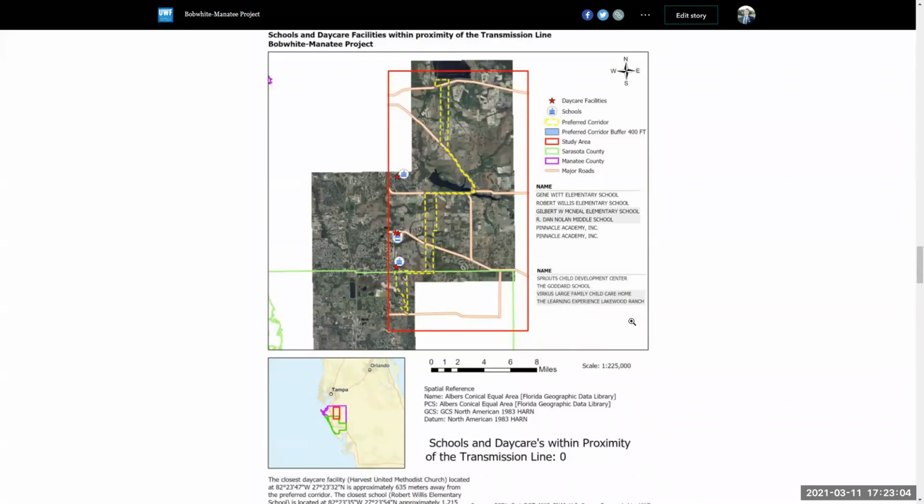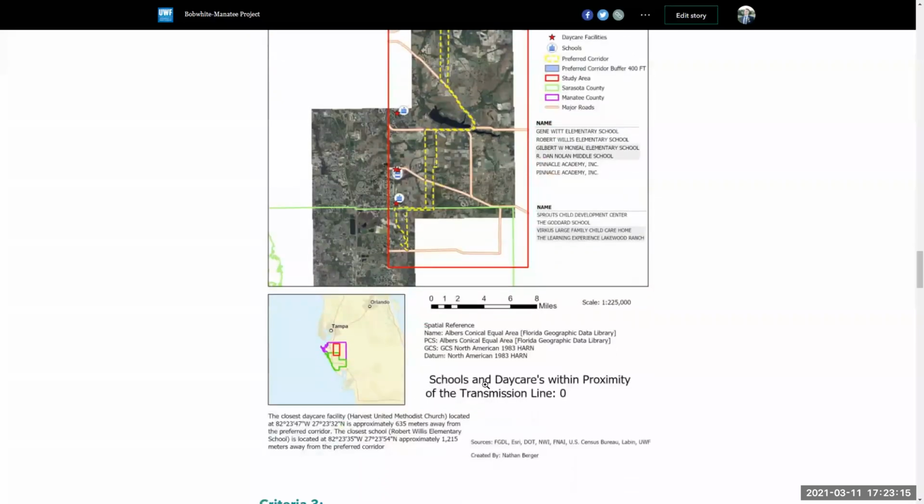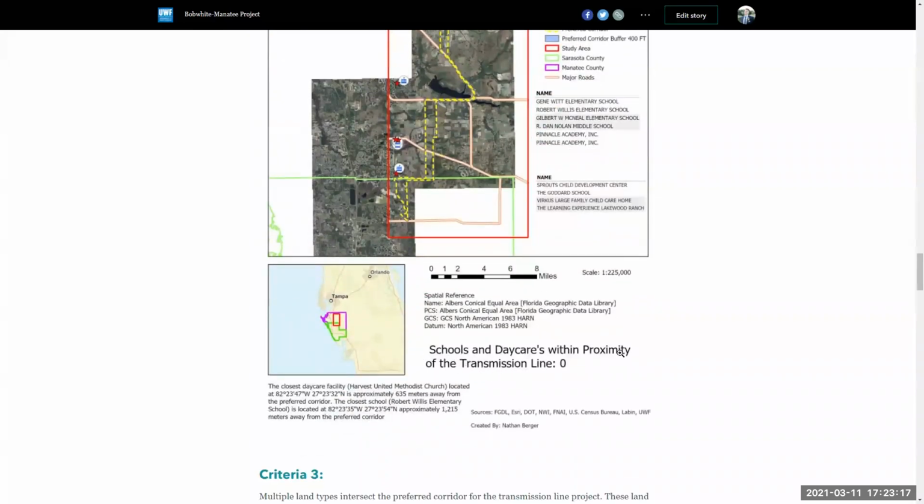Just by visually looking at this map, I know that they don't fall anywhere near my preferred corridor or within the 400-foot buffer proximity. So I can assess that there are 0 schools or daycares that will be affected by the transmission line, which is awesome. I did note the closest daycare facility, which is the Harvest United Methodist Church, and the closest school, Robert Willis Elementary School, with their coordinate locations.